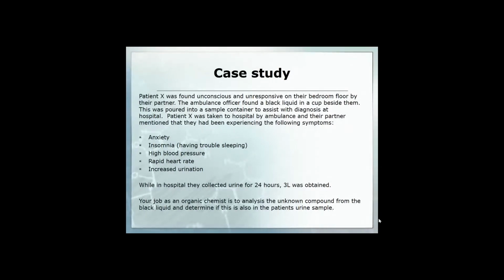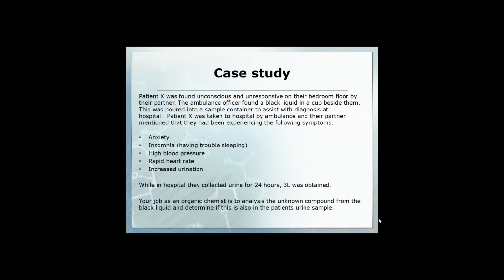This is our case study that we're going to be looking at today. We have patient X who was found unconscious and unresponsive on their bedroom floor. Where they were found, there was a cup that had black liquid in it, and this was taken by the ambulance officer and poured into another container.